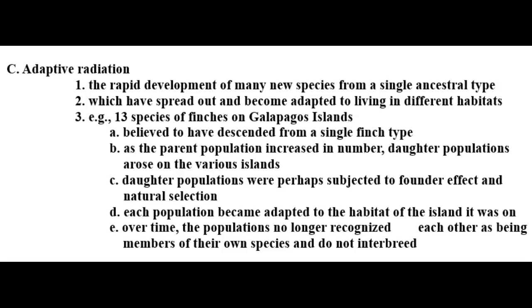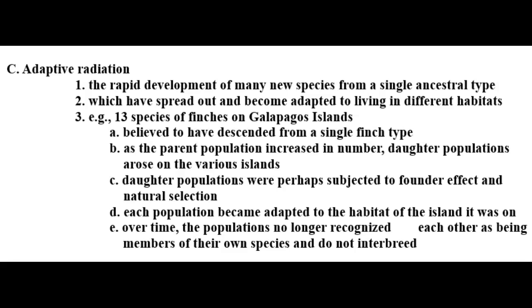The last of the material that is just for lecture is adaptive radiation. Make sure you know what this is. The rapid development of many new species from a single ancestral type, which has spread out and become adapted to living in different habitats. And a famous example are the 13 species of finches on the Galapagos Islands. They are believed to have descended from a single finch type.